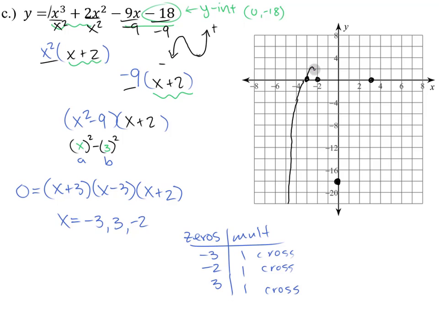Don't want to go too far, because I have to pass through at negative 2, where again we're crossing. Come down and eventually try to make it look like I hit my y-intercept. This doesn't necessarily have to be the bottom point there. But I do need to come back up to positive 3, where it's just going to cross on through. And so there is a good rough sketch of my last graph.